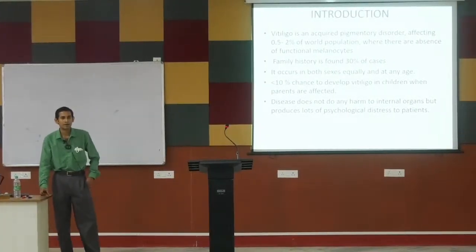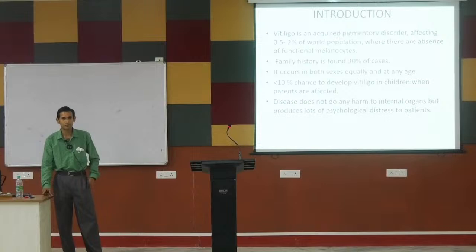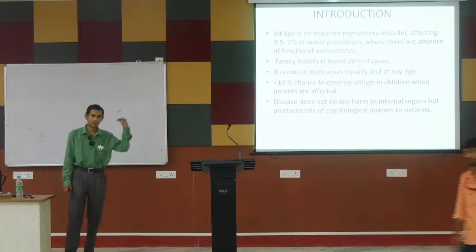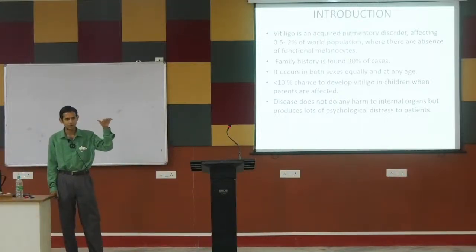Vitiligo is an acquired pigmentary disorder affecting 0.5 to 2% of the world population, where there is absence of functional melanocytes. Where are the melanocytes present? Melanocytes are present in the basal layer of the epidermis. You know the layers of epidermis. The epidermis has 4 layers from top to bottom: the stratum corneum, stratum granulosum, stratum spinosum, and stratum basale.